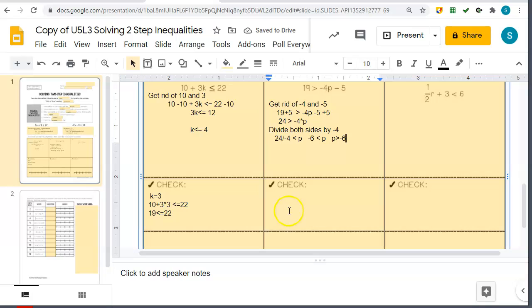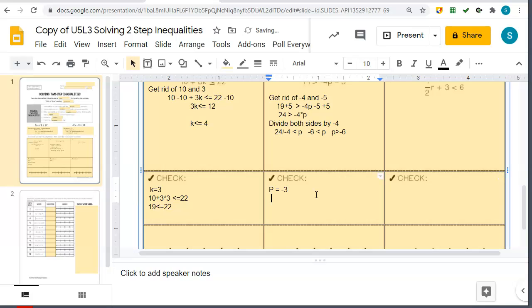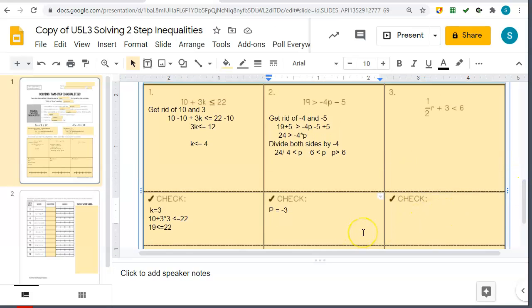Let's pick a number greater than negative 6. For our check, let's say p equals negative 3. That's bigger than negative 6. And let's check our expression. Is 19 greater than negative 4 times negative 3 minus 5?